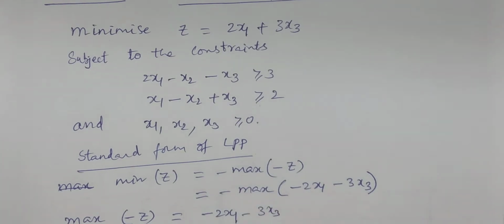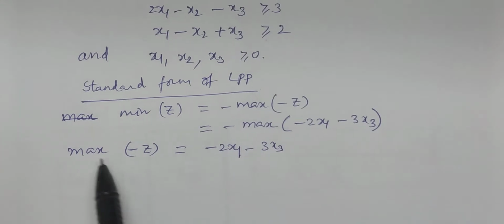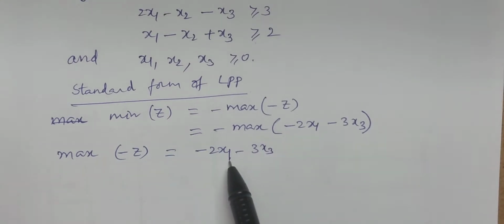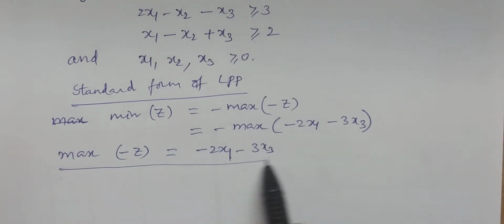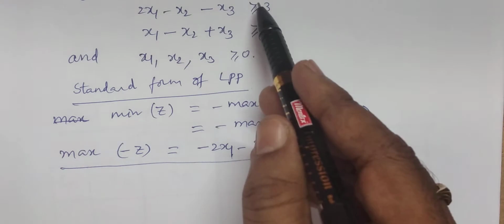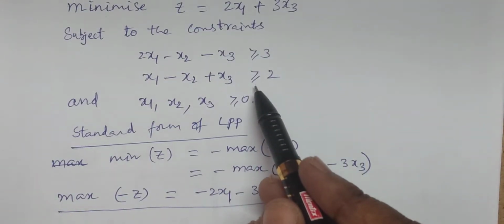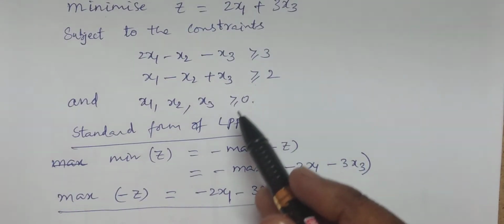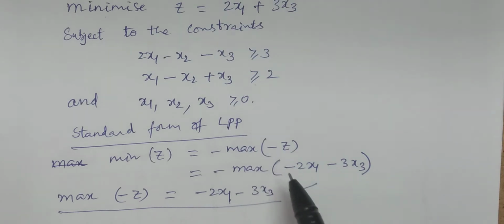This is the maximizing objective function we have to do. And the constraints are greater than or equal to, so you multiply by minus 1, and the constraints will be changed.